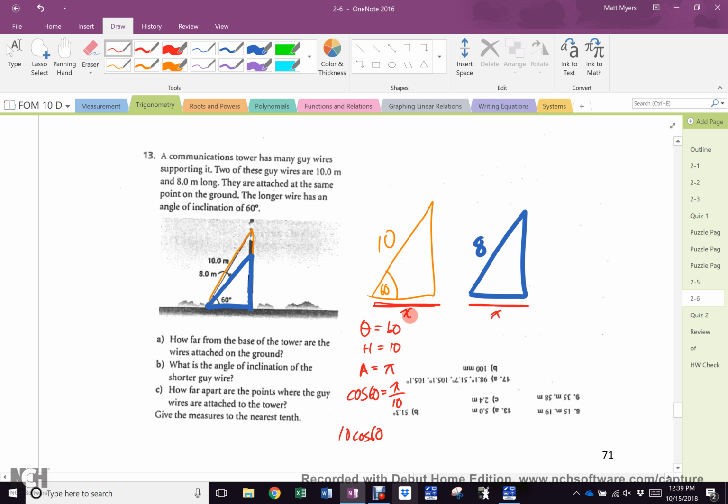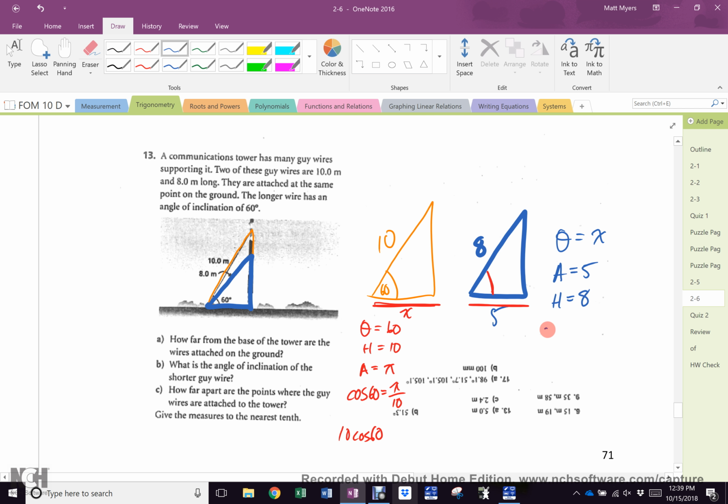What is the angle of inclination of the shorter guy wire? What's shorter, 8 or 10? 8. So I need this angle, yes? Do I know x? Yes. What is it? 5. 5. So now I have 2 sides. I need an angle. Theta, I don't know. Adjacent, 5. Hypotenuse, 8.